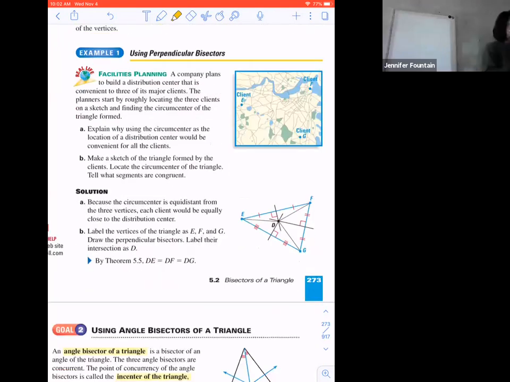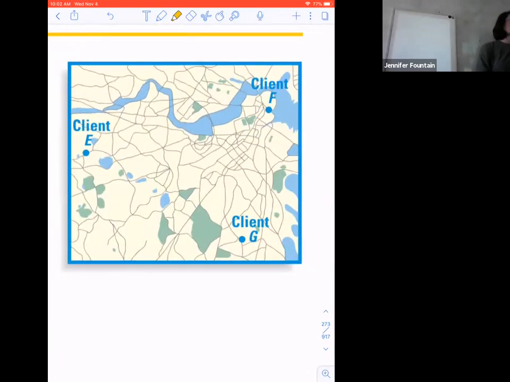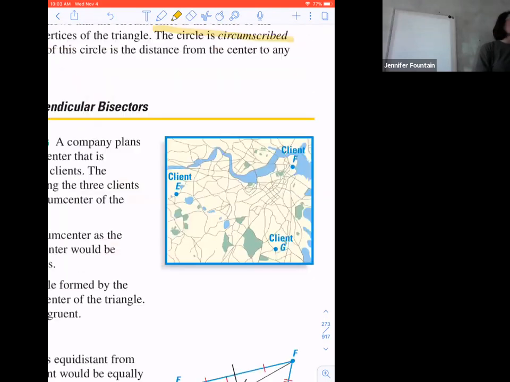Let's look at Example 1. It says facilities planning. A company plans to build a distribution center that is convenient to three of its major clients. The planners start by roughly locating the three clients in the center of the triangle formed. So you can see that they've got their clients mapped out, E, F, and G. They're trying to find what's going to be in between each of these clients. We want to be equidistant from them.